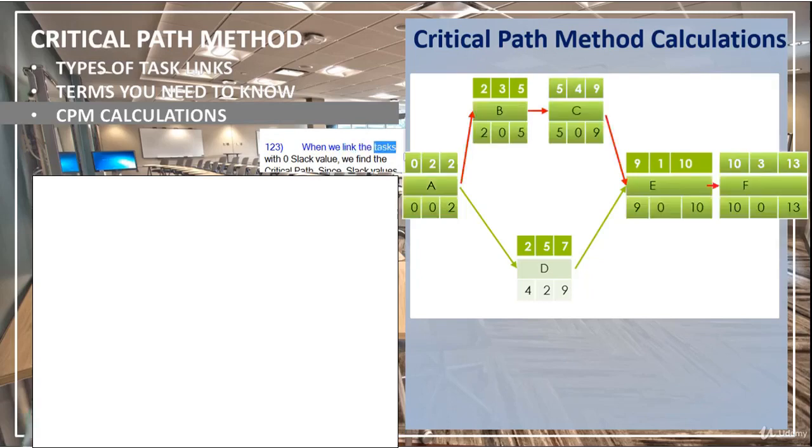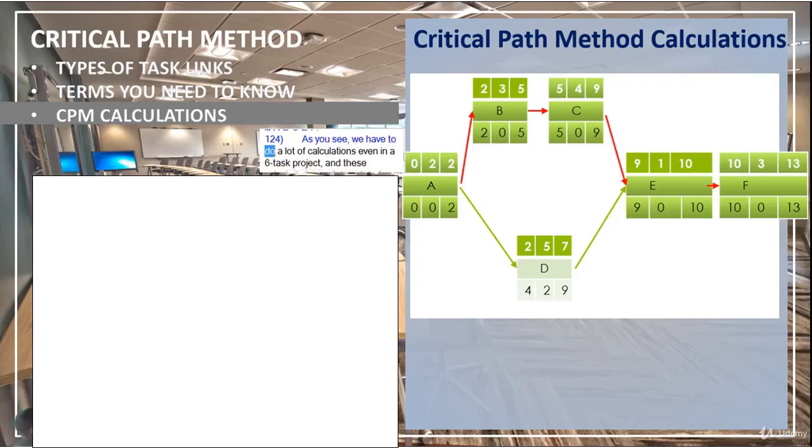When we link the tasks with 0 slack value, we find the critical path. Since slack values of tasks A, B, C, E, and F are 0, these tasks are on the critical path. At this point, critical path is A, B, C, E, F.